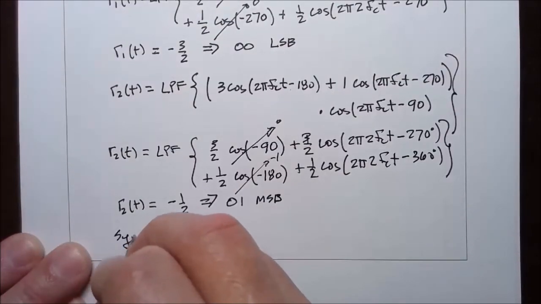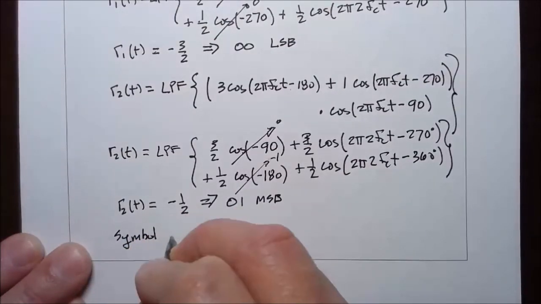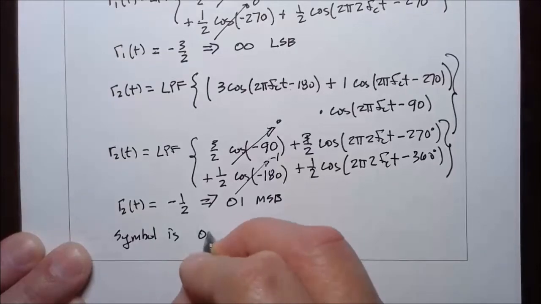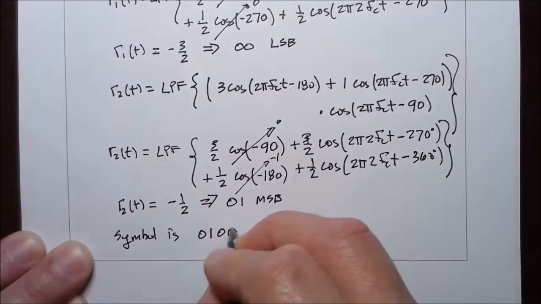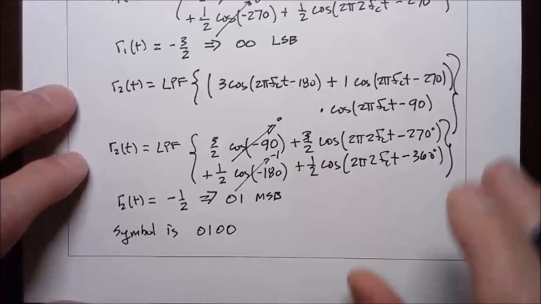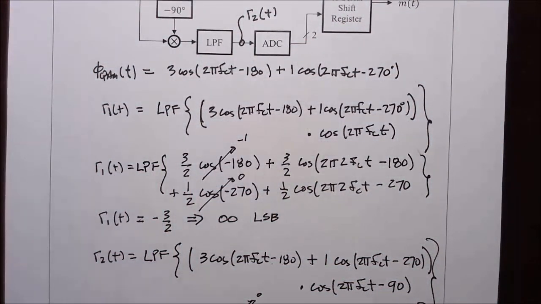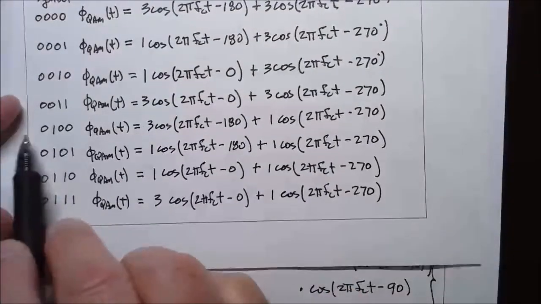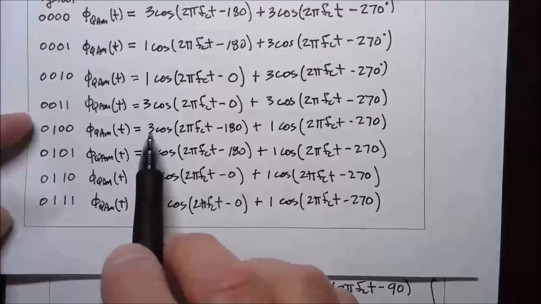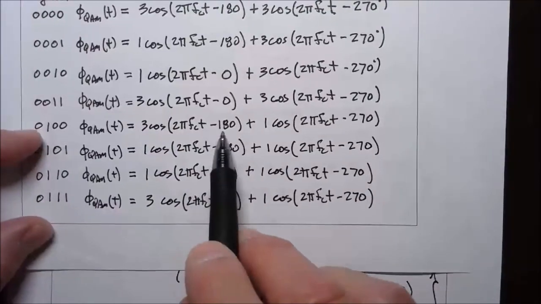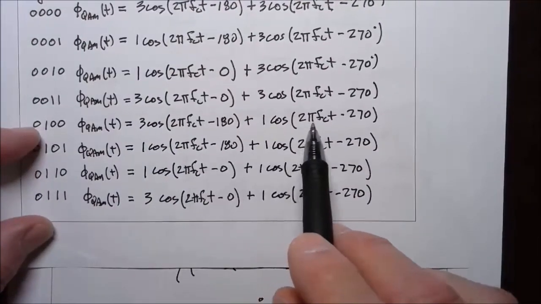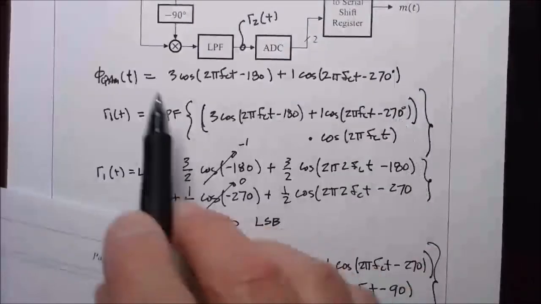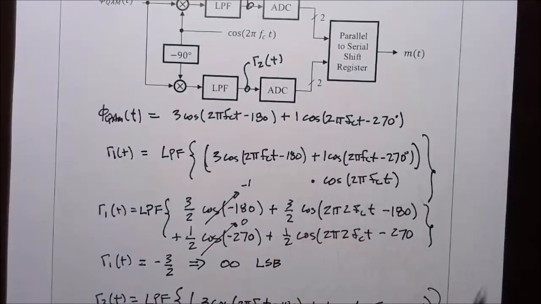So the symbol is 0, 1, 0, 0, and sure enough, if you look at the equation for 0, 1, 0, 0, we have 3 cosine 2 pi FCT minus 180 plus 1 cosine 2 pi FCT minus 270, and that's the one I was working on.